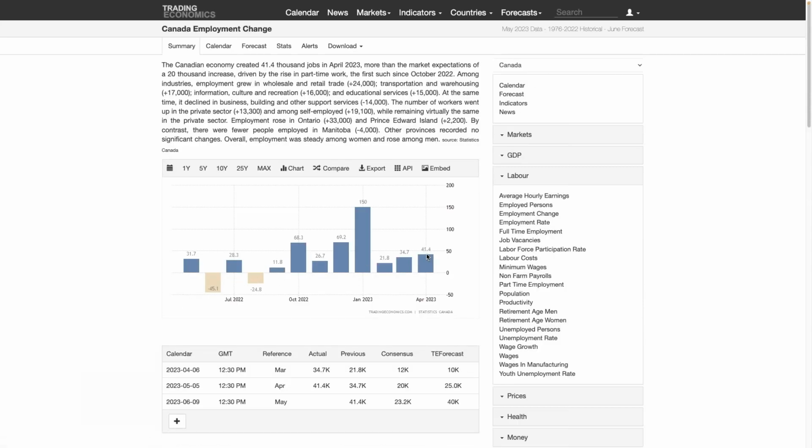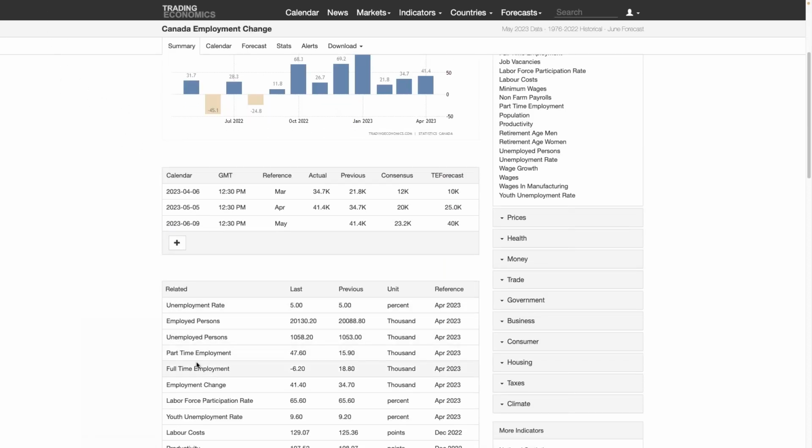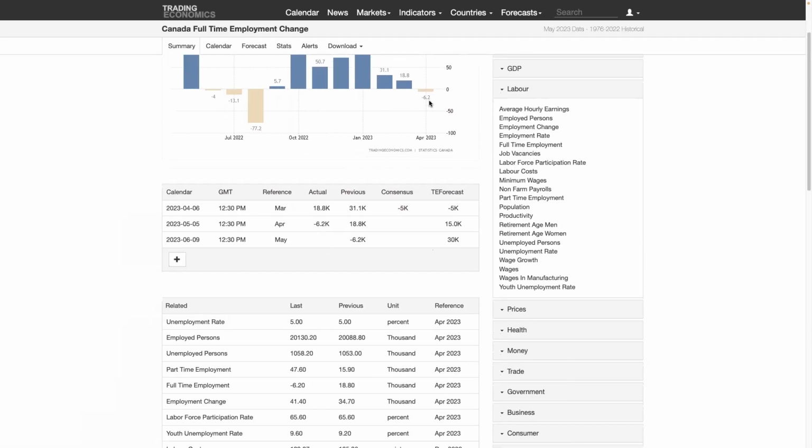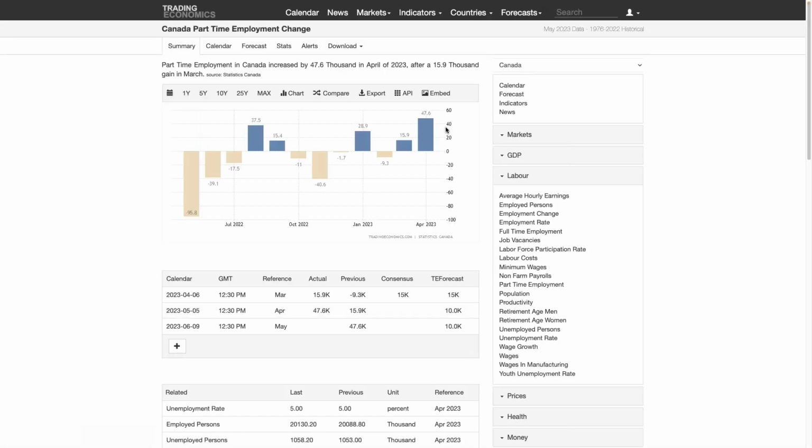Employment change 41.4, so it's been fairly steady around that 41.4 thousand mark. Full-time employment is steadily falling, minus 6.2 last time, and part-time employment is rising.